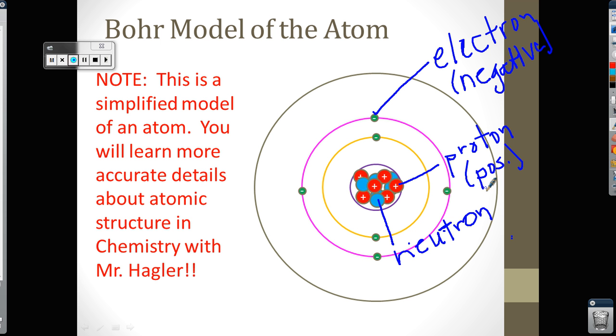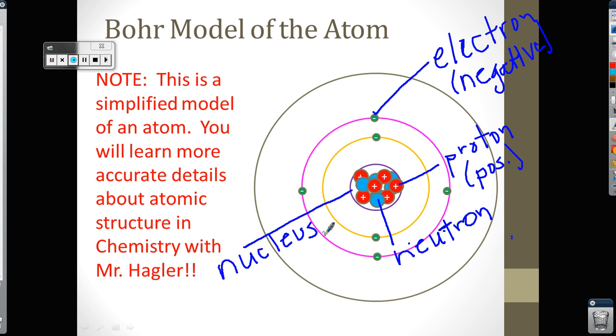The protons and the neutrons are located in the center of the atom, and the center of the atom has a special name, and that is the nucleus. And so that's kind of shown by this purple line here. That's called the nucleus, and that is where the protons and the neutrons live. The nucleus isn't a physical thing, it's just the area where the protons and neutrons are together, and it's at the center of the atom.